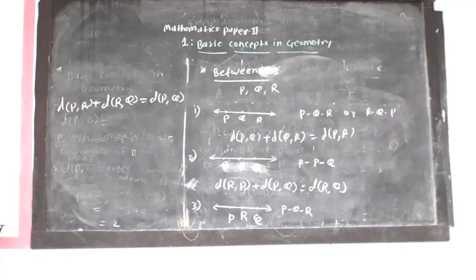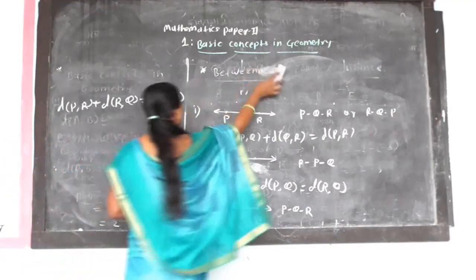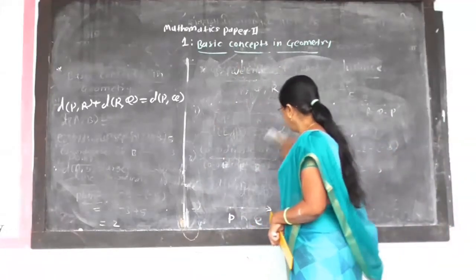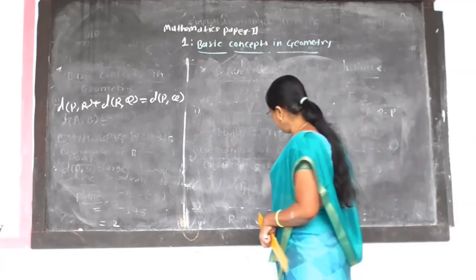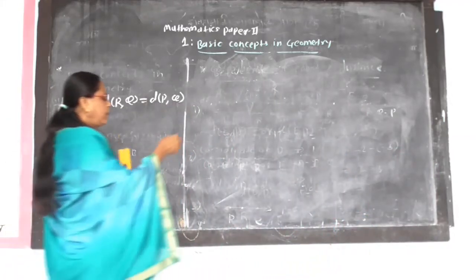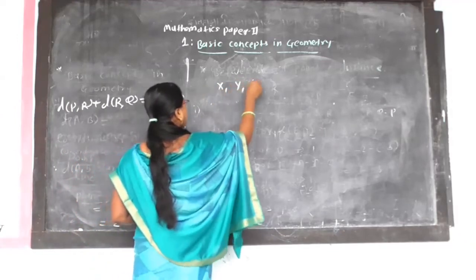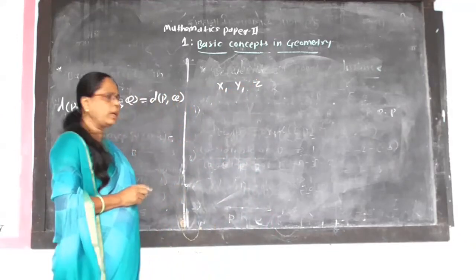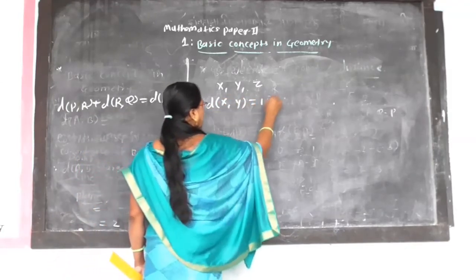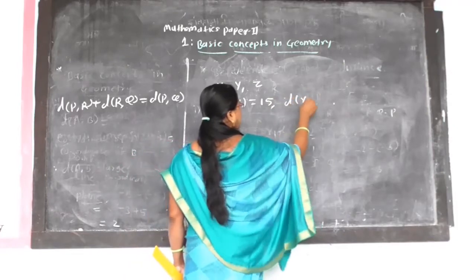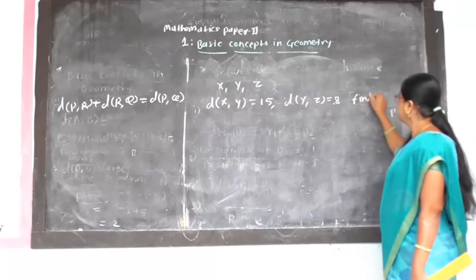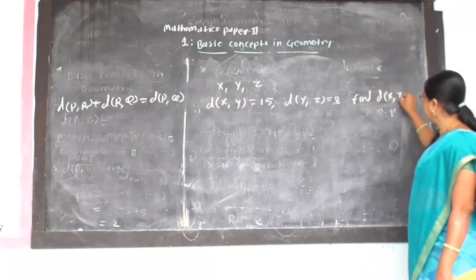For example, now we take an example: if points X, Y, Z are collinear points, X, Y, Z are three collinear points, and distance XY equals 15, distance YZ equals 8, then find distance XZ.